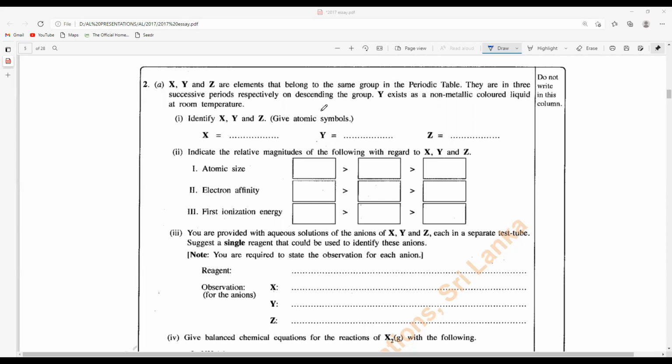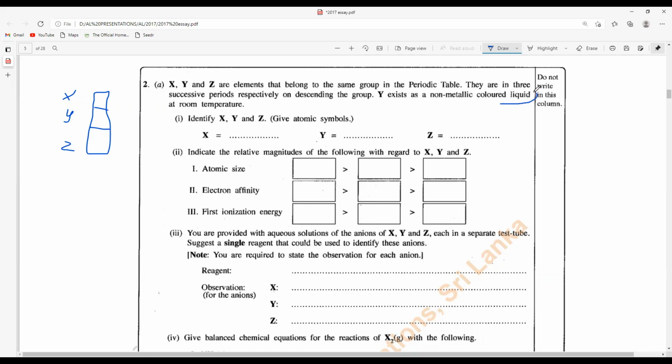Question number 2. X, Y, Z are elements that belong to the same group in the periodic table. So we will consider what are these: X, Y, and Z. They are in 3 successive periods, on descending the group. Y exists as a non-metallic colored liquid.